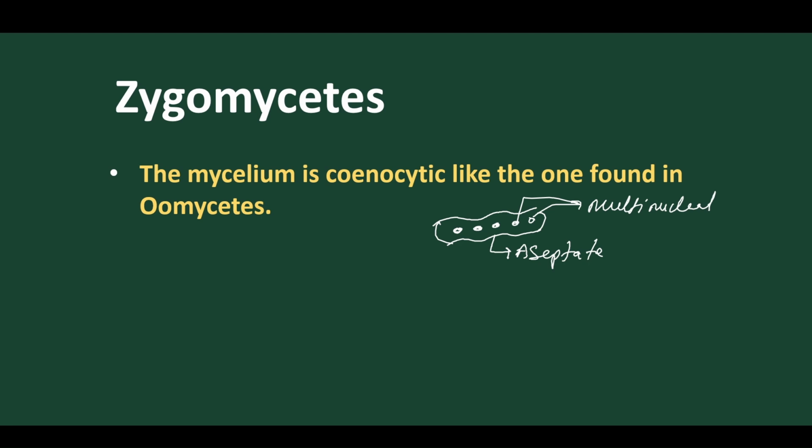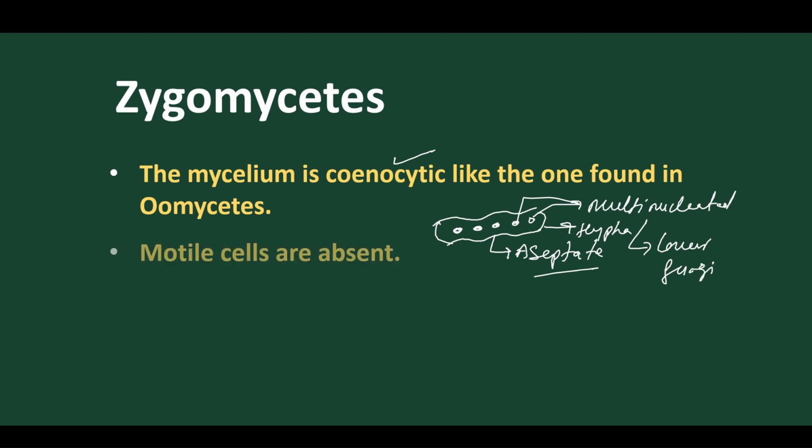This body is called the hypha or the mycelium. The mycelium is aseptate and coenocytic, which indicates that they are regarded as lower fungi. Lower fungi are mostly coenocytic in their structure.